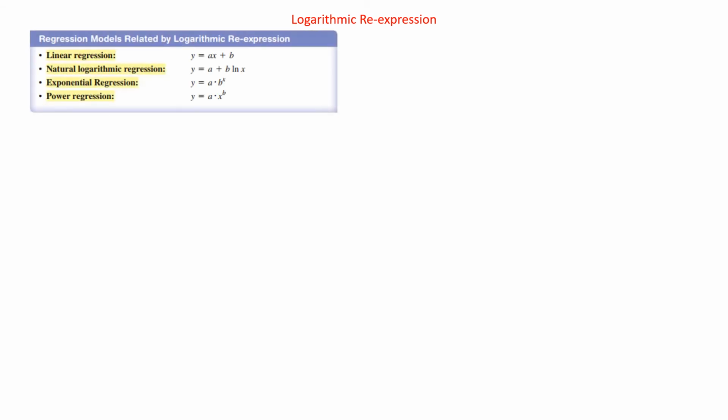Is this a huge topic? No, not even in statistics. It's a chapter, but one that's not really covered all that much. But we do have a few different types of models. We have linear, we have logarithmic regression, we have exponential regression, and we have power regression. So we have a few types of models to work with.